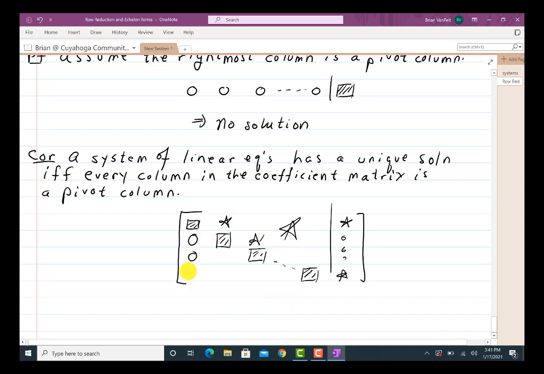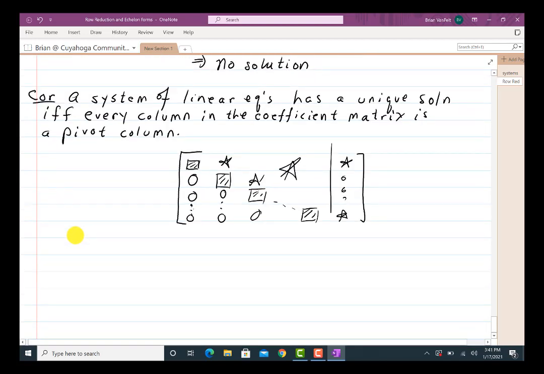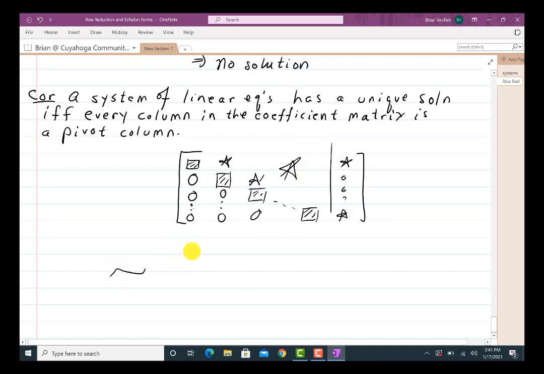underneath of these things, you get zeros down here and zero. You get the idea. Zeros underneath them, because they're pivot columns, you have to have zeros to the left and underneath of them. Since they are pivot items here, this is non-zero. I can use it to wipe out what's above it. I can use this to wipe out what's above it. I can use this to wipe out what's above it. So you can see I'm able to get to the following.